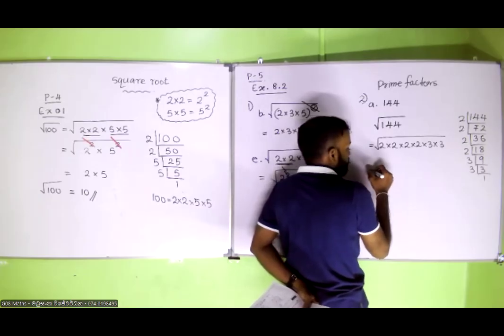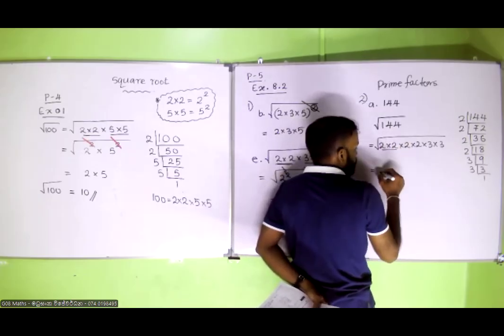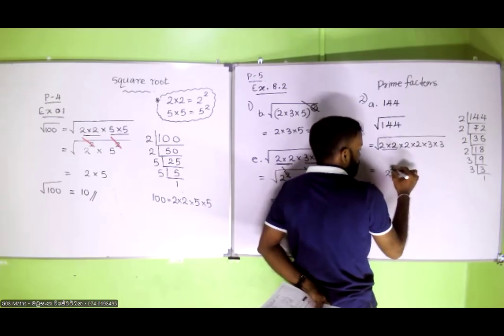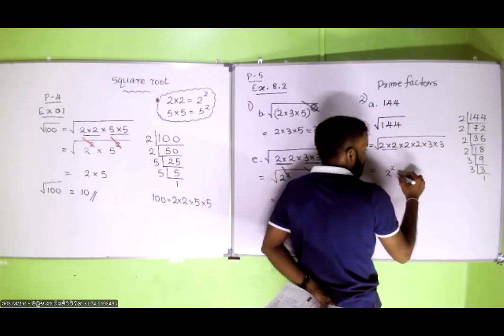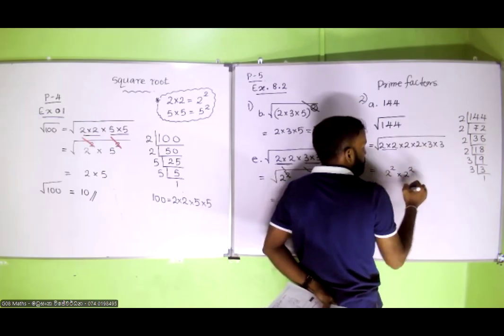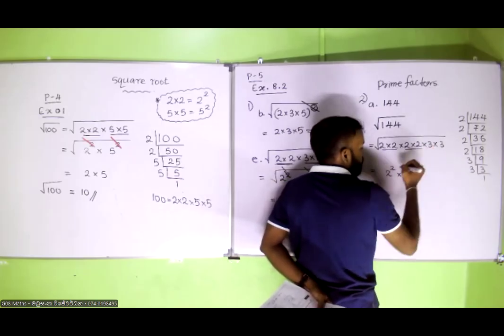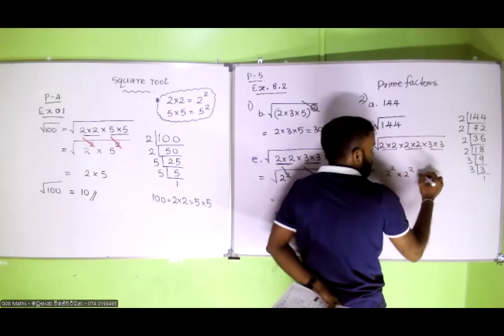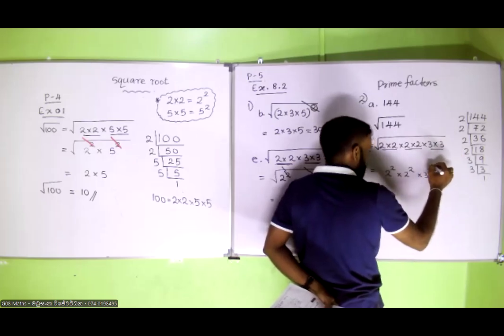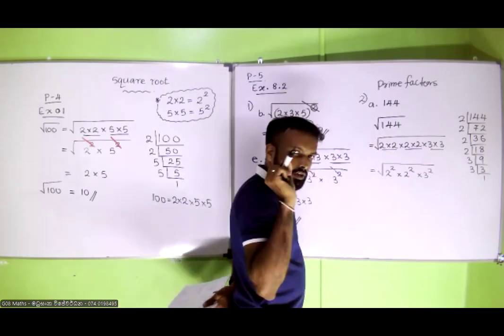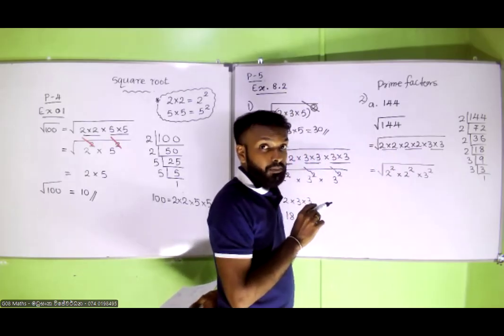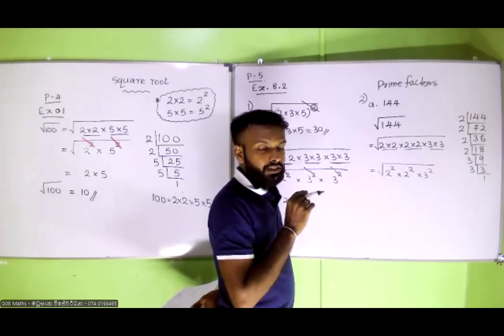Now couple 2 times 2, multiply by 2 times 2. Done. Multiply by 3 times 3. Square root. Now take your pencil.